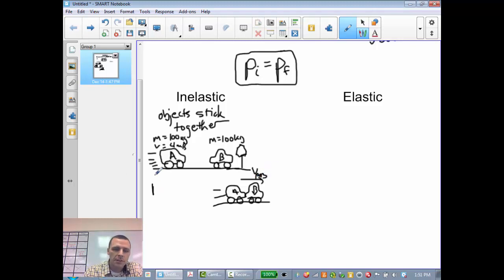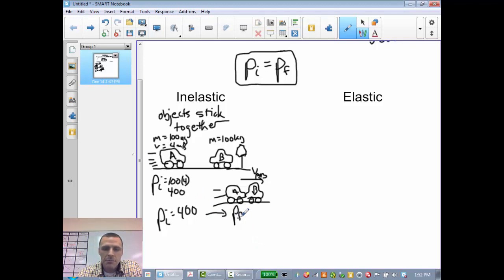Well, the initial momentum is just the momentum of object A, which is 100 times 4, or 400. Object B has no momentum to start because it's at rest. So my initial momentum is 400. That means that my final momentum must also be 400 due to the conservation of momentum.